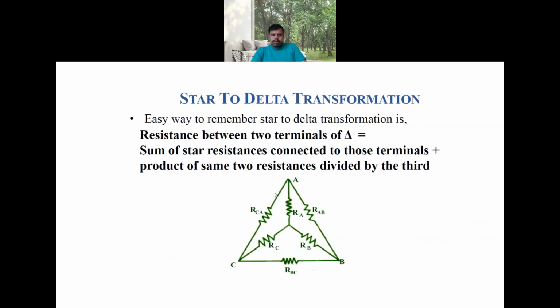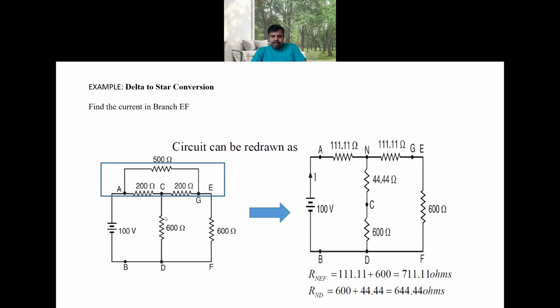Now, what about this terminal C? The C terminal will be connected to one more resistor in the star connection. That resistance value is equal to 200 into 200 divided by 200 plus 200 plus 500. You will get 44.44 ohms. Now, in this case, an additional node is created, known as the neutral point in the star connection.